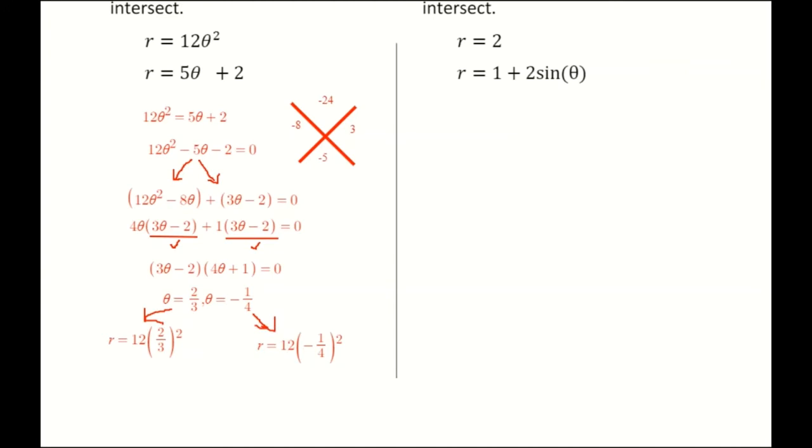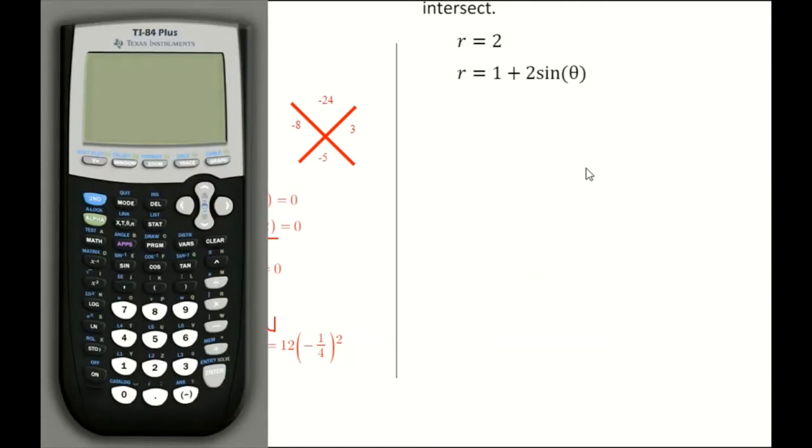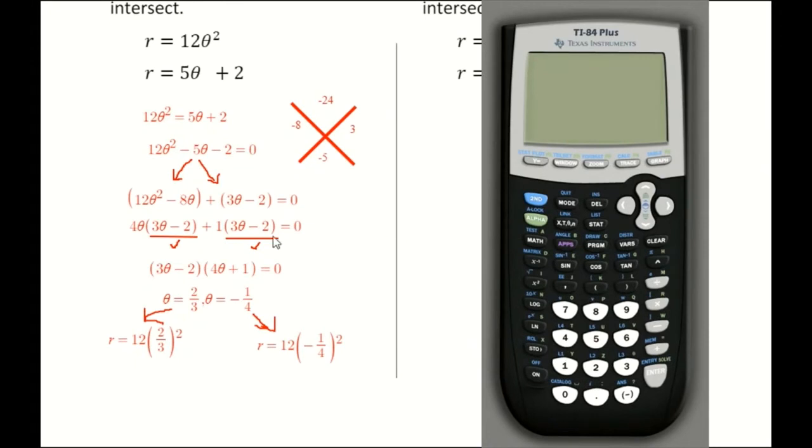So I'm going to pull up my trusty calculator. And let's go ahead and compute this. So we got 12 times 2/3 squared.